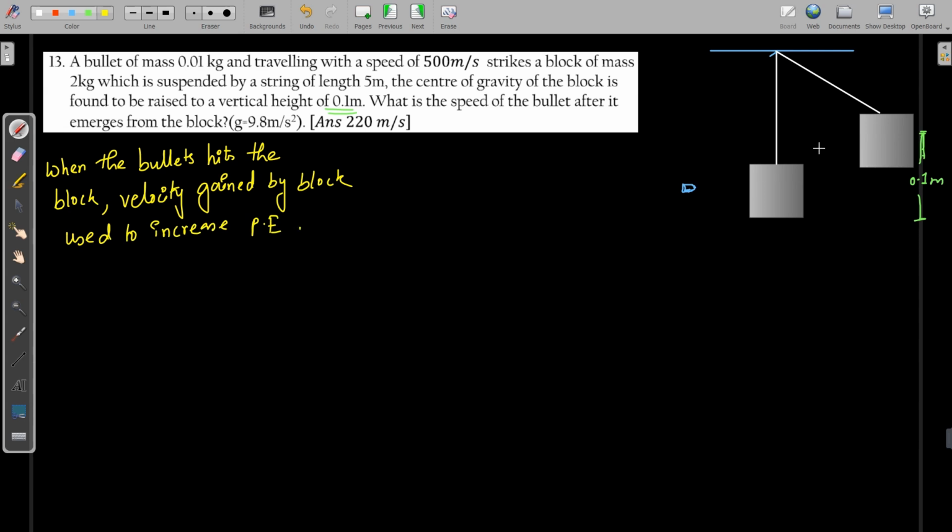Why? When it is going up, its potential energy is increasing. So what I can say is half mv square is equal to mgh.